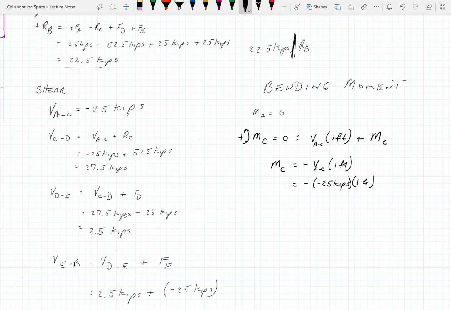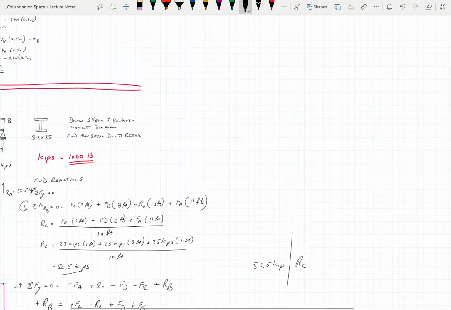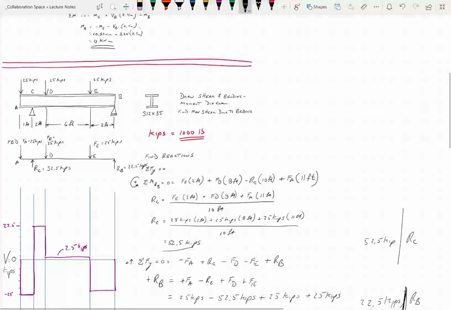Something's horribly stupid here. 1 times 25. 25 times 1 plus that moment. We're taking the moment about C. We're going this way. That goes with that.